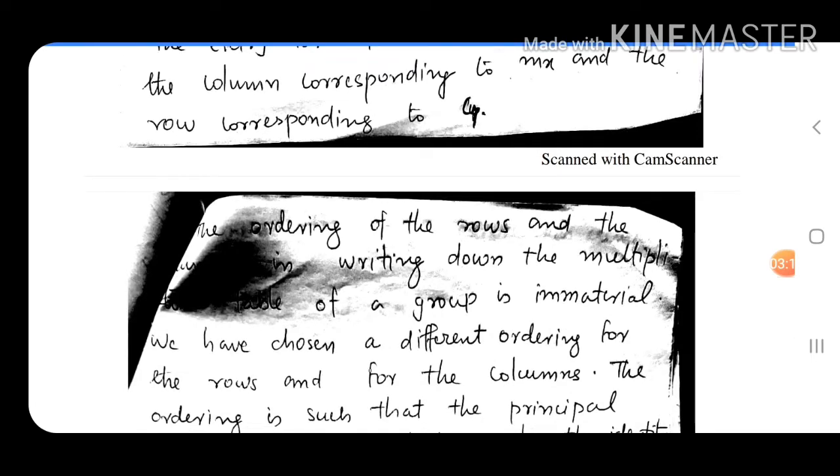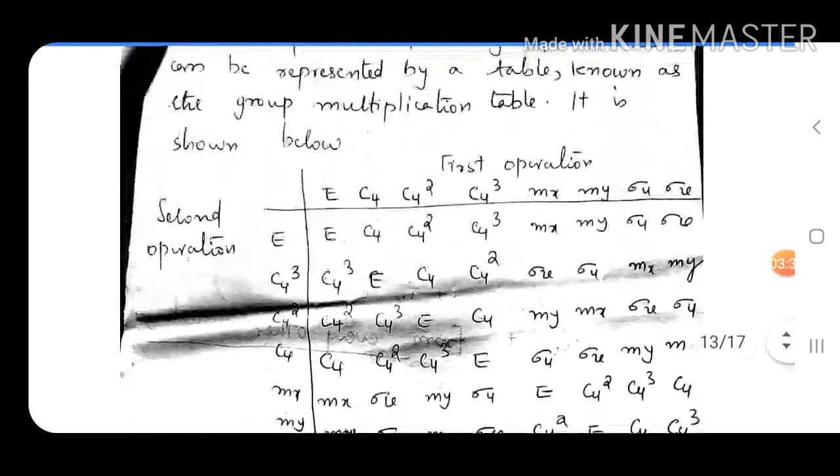Now the important thing is that the ordering of the rows and columns in writing down the multiplication table of the group is immaterial. See, the first operation, which is written in the first row, is C4, C4 square, C4 cube.